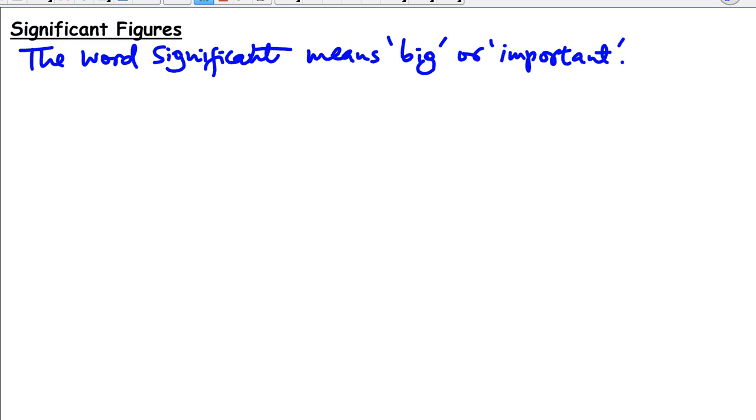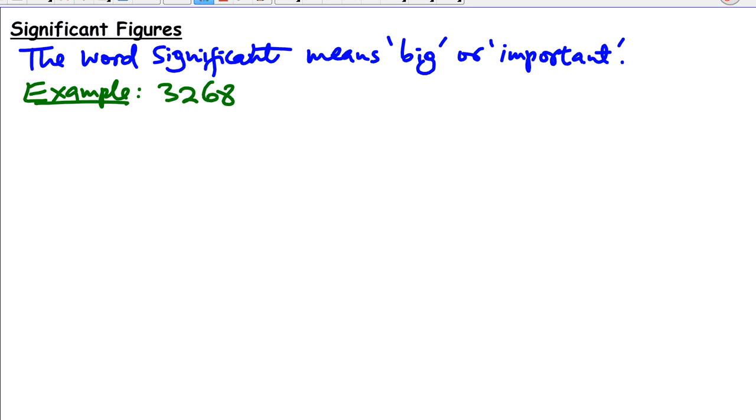So, take for example, if we take the number 3268, we can see here that 3 is worth the most.